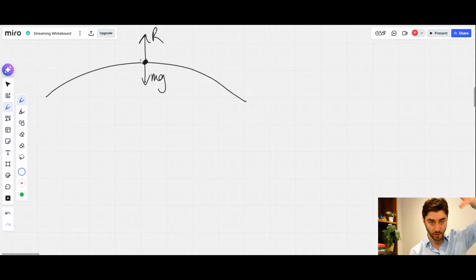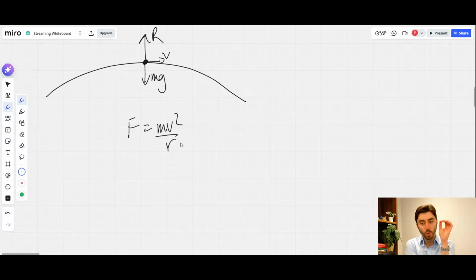So here, if we have our car on the top of a hill, and we know it is moving with speed v, we know at this point, at the top of the hill, it is moving in a circle, roughly, if that's how we're modeling this. In this case, remember that F equals mv squared over r.